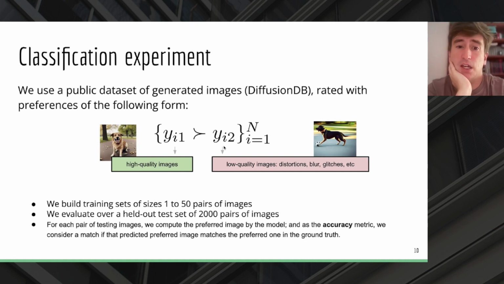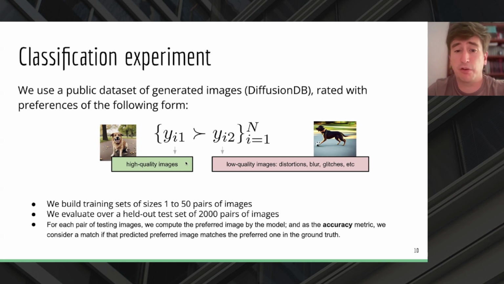We want to see how well we can learn this distribution with the previous fast gradient. In this dataset we do the usual thing: we split into a training set and a test set. To analyze the learning, the training set goes from just 1 pair to 50 pairs, and the test set is going to be 2,000 pairs of images.